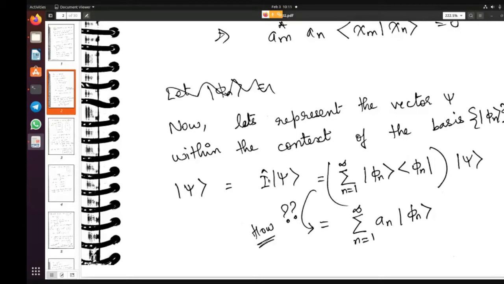Psi is nothing but I into psi, because when you multiply the unit operator with psi, nothing changes. But we know what I is. I in terms of the basis set would be this, which is the summation from n going from 1 to infinity of ket phi n multiplied with bra phi n.